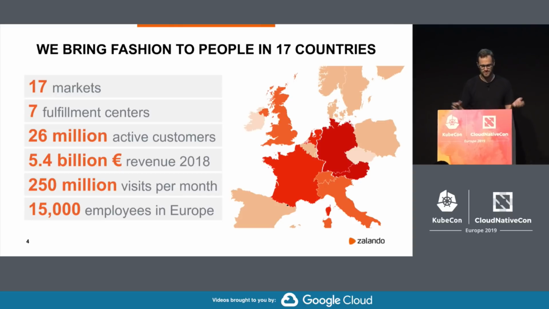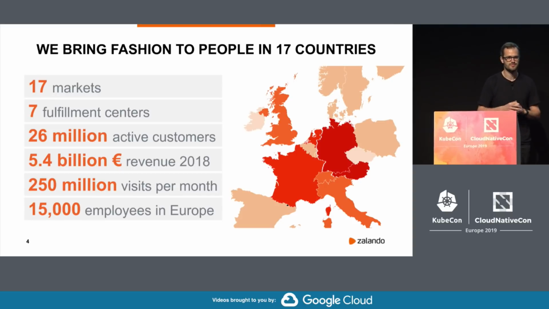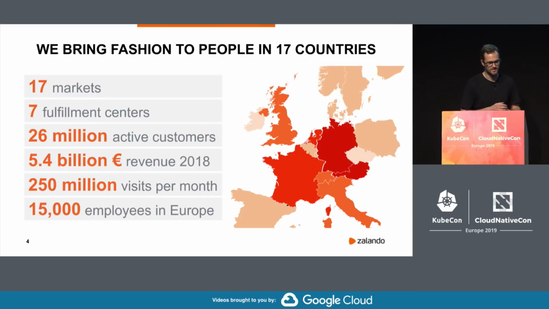We have a revenue of 5.4 billion, so quite a big company, 26 million active customers. We are 15,000 employees in Europe, and a little under 10% of these are working within tech, so software engineers and so on. And these are kind of the customers for our team internally.